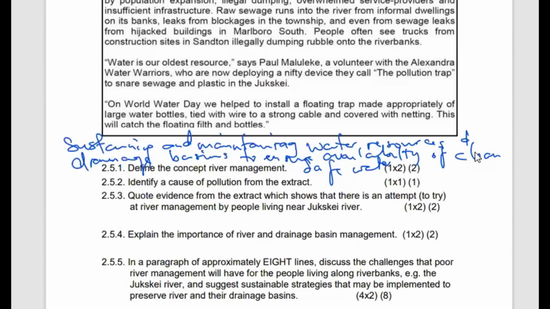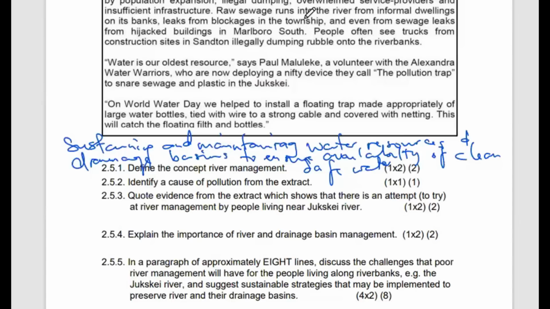Right, the next question says, identify a cause of pollution from the extract. Let's go to the extract. Pollution in the Jukskei River is multifaceted. Generational problem influenced by population expansion, right? So, illegal dumping, overwhelmed service providers, and insufficient infrastructure.